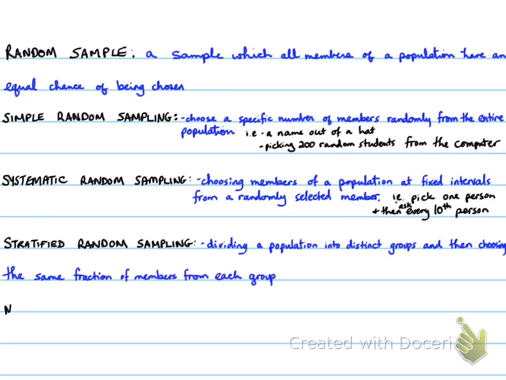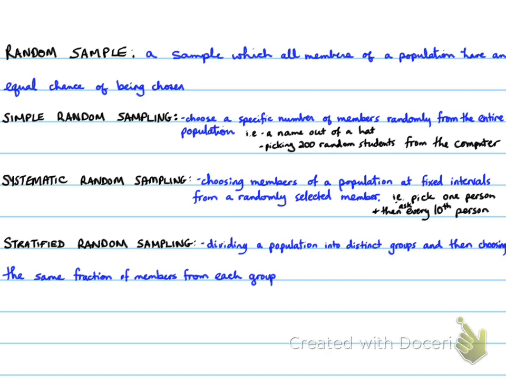A lot of times the example I give you is the country, Canada. We're separated by provinces. If you take every province, that would be the stratified part, separating everybody by province, and then going inside every province and asking 10% of the population in each province a specific opinion.